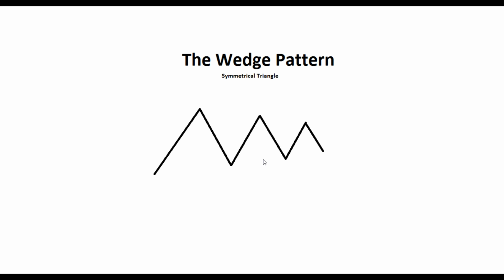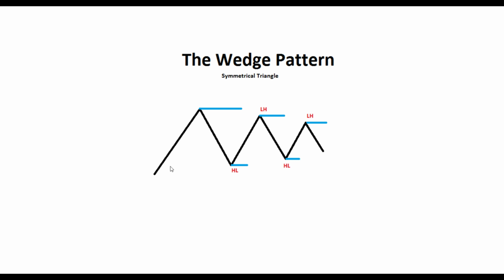The way that you can right away spot a wedge pattern is once the stock is moving in an uptrend or downtrend, or even sideways, you will notice you're going to see lower highs starting to form, as well as higher lows.